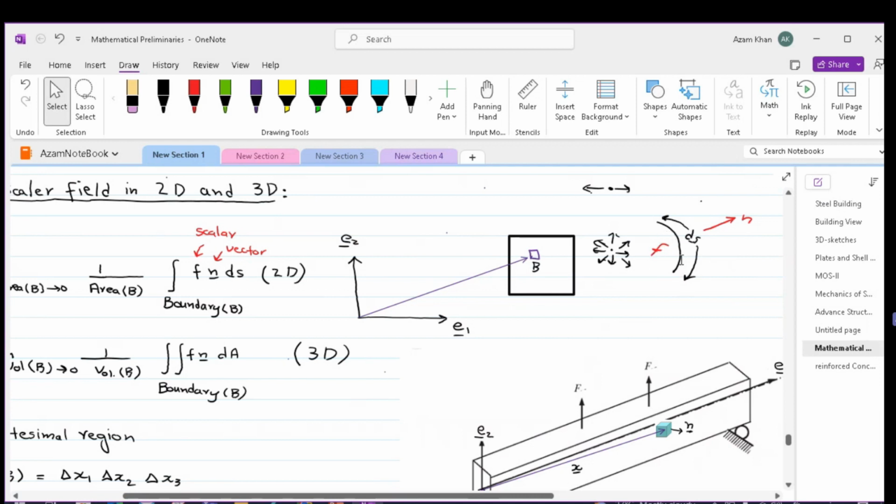F times ds will give us the function value at this ds, and then we multiply that with the unit normal vector to get our flux. After that, we integrate that all around this purple body. That gives us the flux over this area.